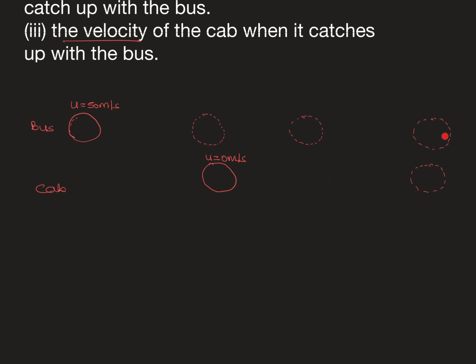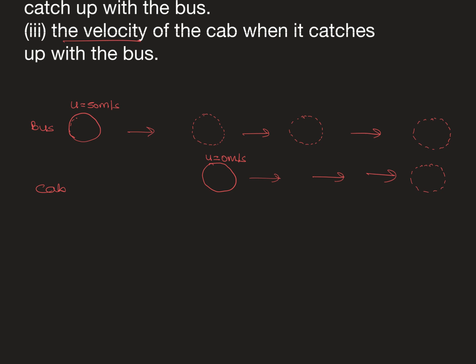So later on, the two bodies, that is the cab and the bus, meet up again. But this time both of them were moving. So this is for the bus and this is for the cab.